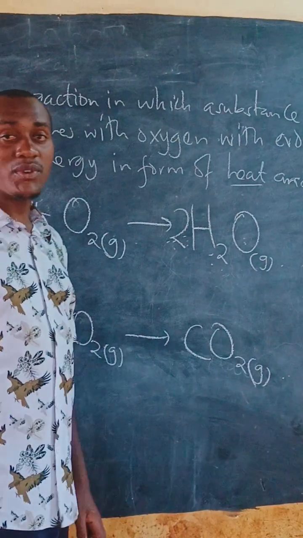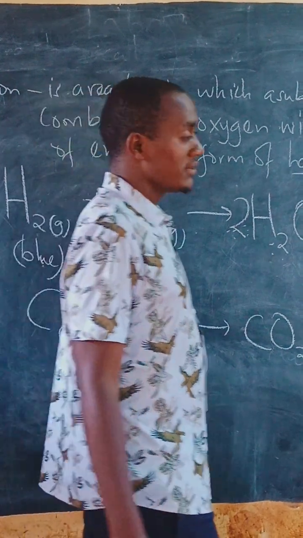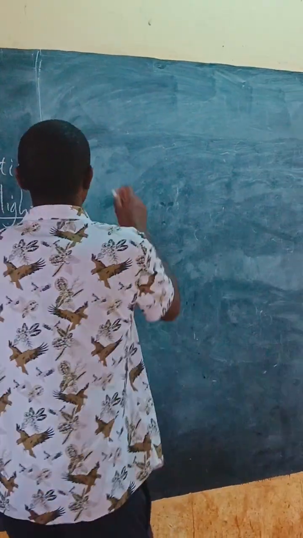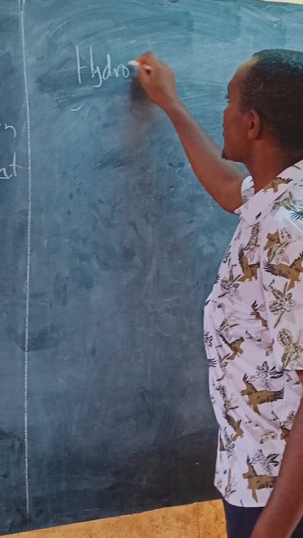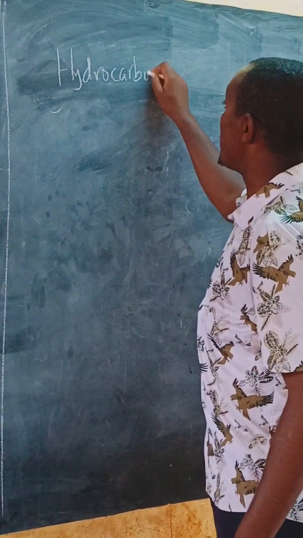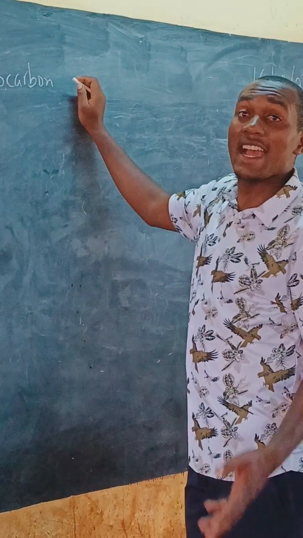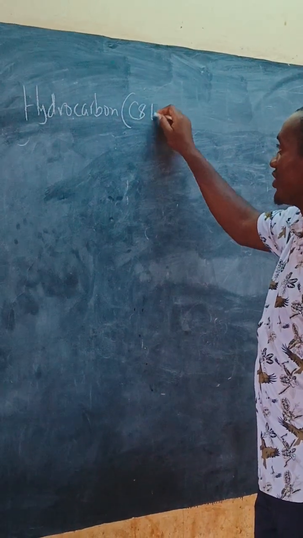Another common type of combustion is when a hydrocarbon burns. Hydrocarbons are petrol, diesel, kerosene, the candles. They are hydrocarbons made of carbon and hydrogen.